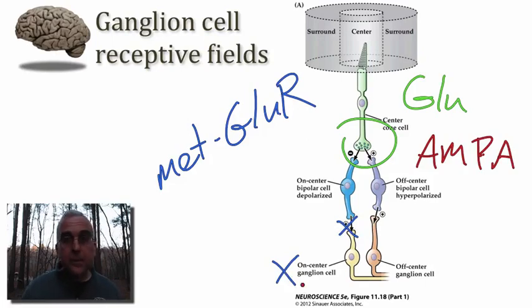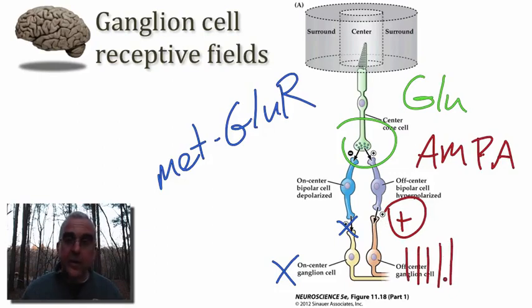Meanwhile, glutamate being released and interacting with the off-bipolar cell is going to lead to the depolarization of that off-bipolar cell, the release of its own transmitter, and the activation then of the off cell. So different receptors for the same transmitter provides the basis for our on and off responses in the center of the receptive fields.